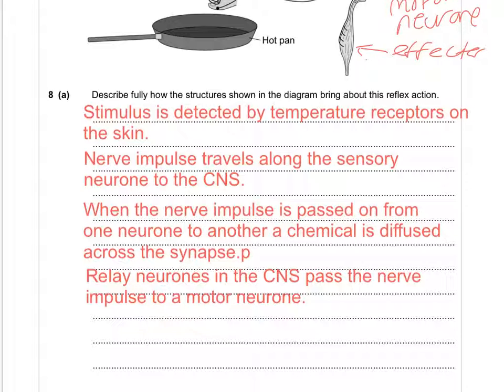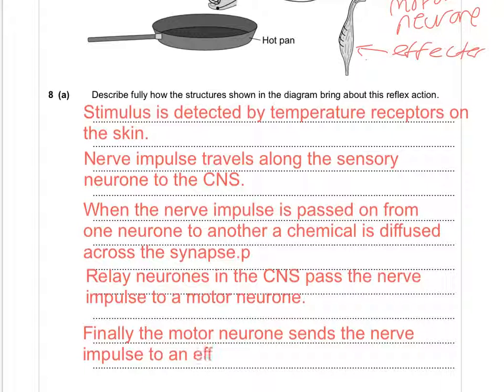The motor neuron then passes it to the effector, so put that in now. Finally, the motor neuron sends the nerve impulse to an effector, which results in the response.